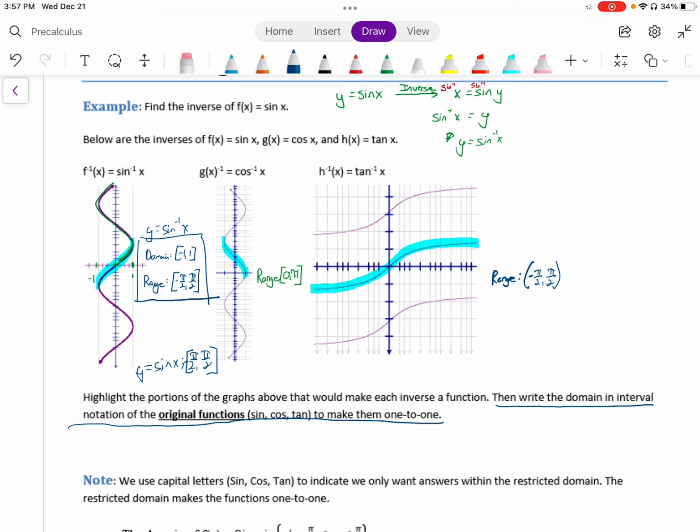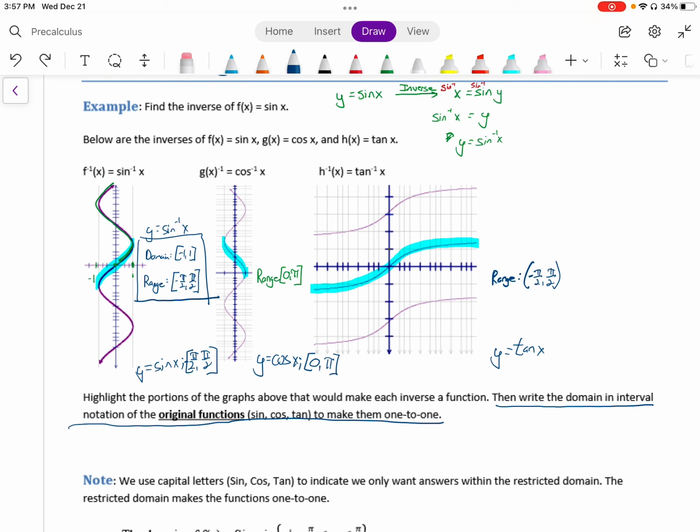And for cosine, we would just want that from 0 to pi. And tangent, so these are the original functions, not the inverse. So we're restricting our domain, and we've done this before in previous lessons.